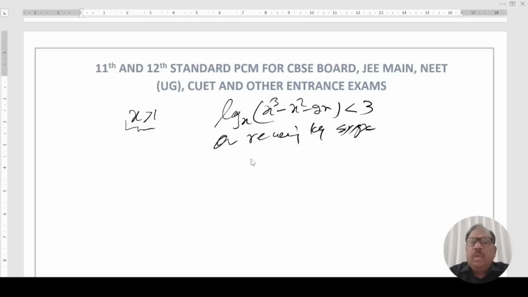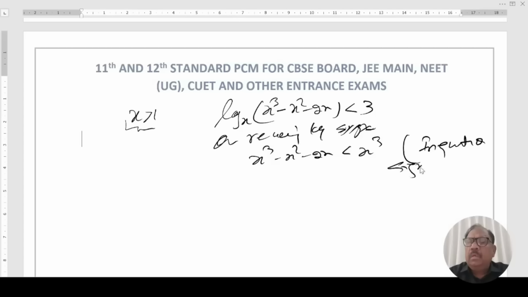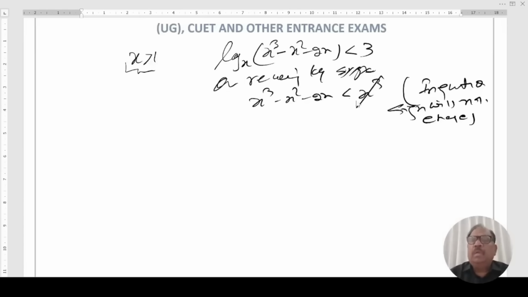x cube minus x square minus 2x less than x cube. The inequality sign will not change. In that case, this comes out to minus x square minus 2x less than 0, that is x square plus 2x greater than 0.